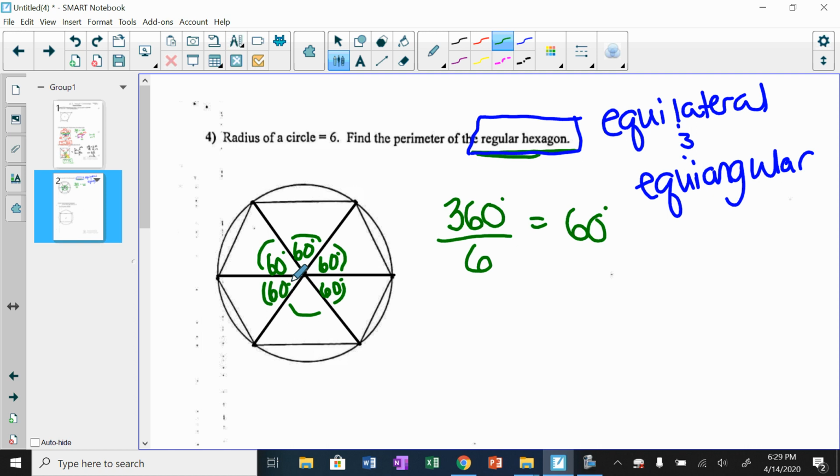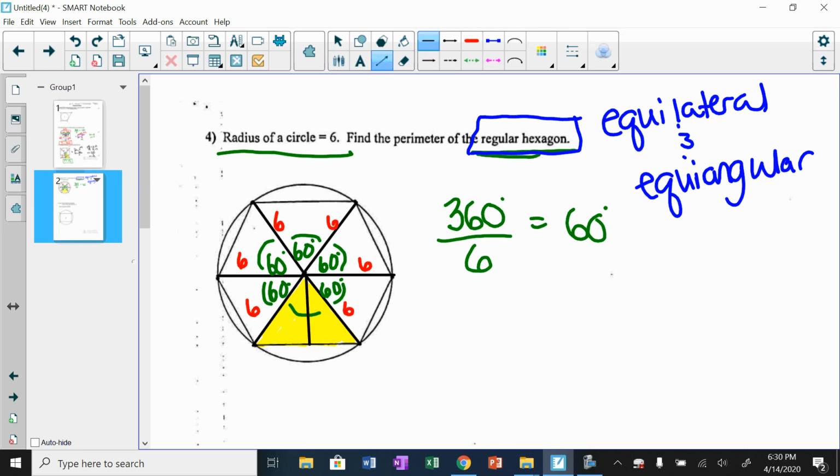Okay, so we're saying the radius of the circle is 6. So we know, forgot to label this, all of these segments that we drew in to create our triangles are all 6. Find the perimeter. So I need to find the side length of this polygon. So what am I going to do? I'm going to choose a triangle, and I'm going to draw part of a radius to the chord.